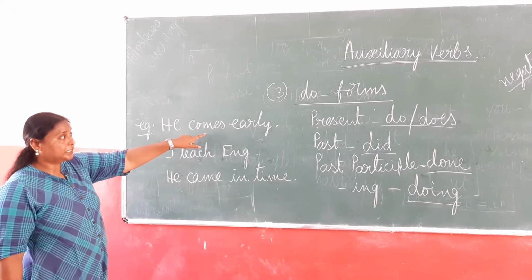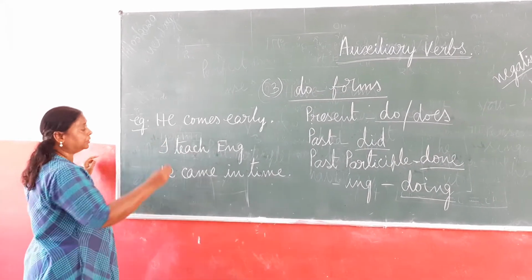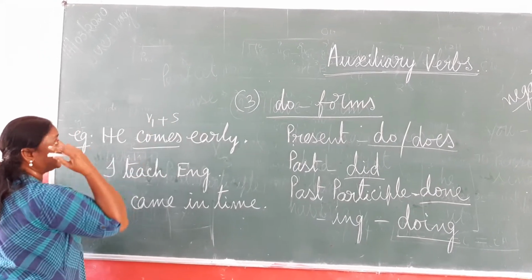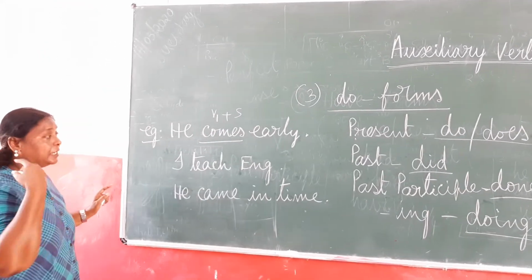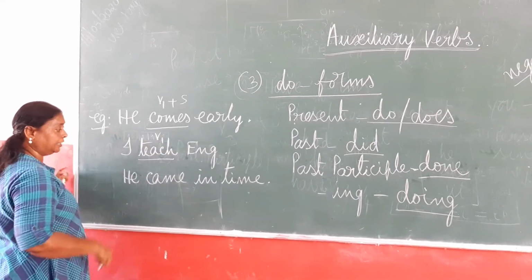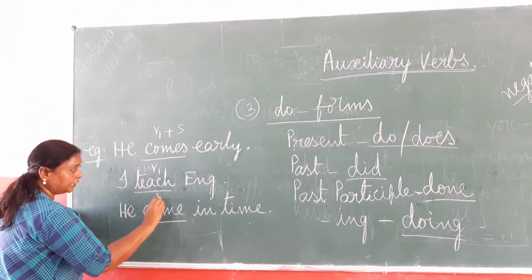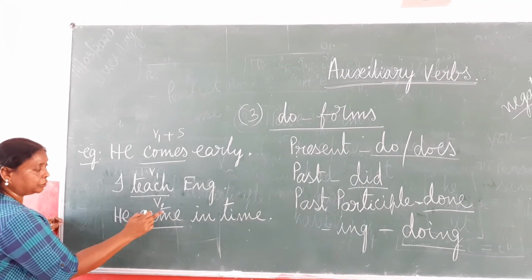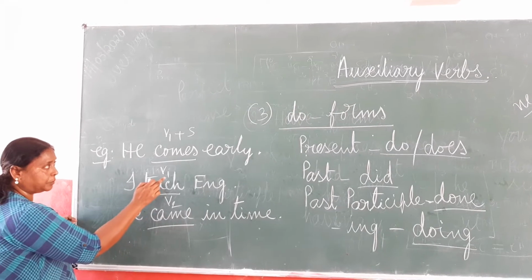First thing, because it is comes, you remember the verb here is V1 plus s. I told you V1 is present. The verb here is just V1. The verb here is V2. I believe you understand, V2 is past, V1 is present.